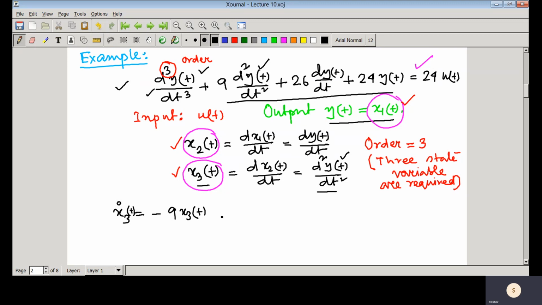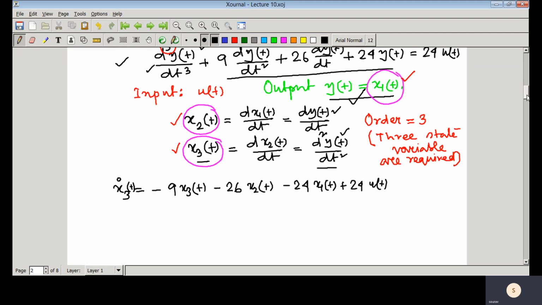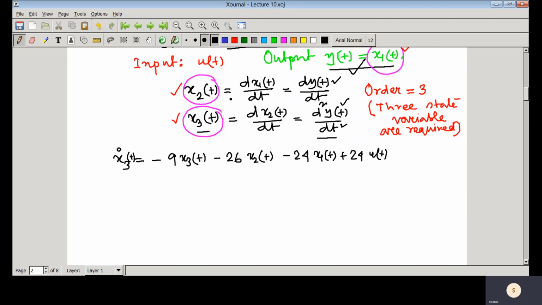Then minus 26 dy/dt, so dy/dt is equal to x2(t). Now minus 24 y(t), and y(t) equals x1(t), and this term you have, that is 24 u(t). So now you can write these equations like that.